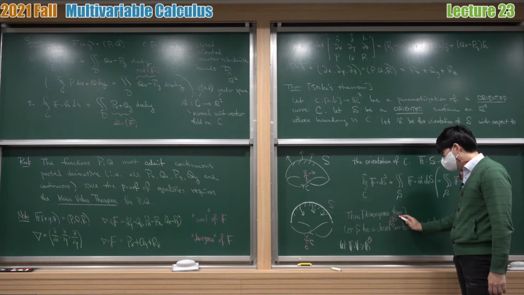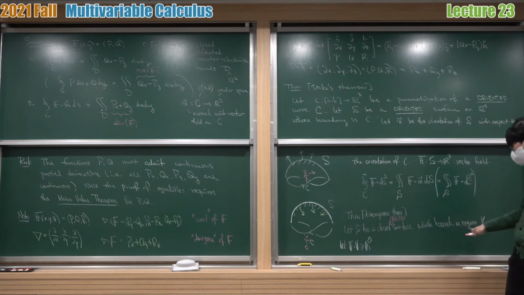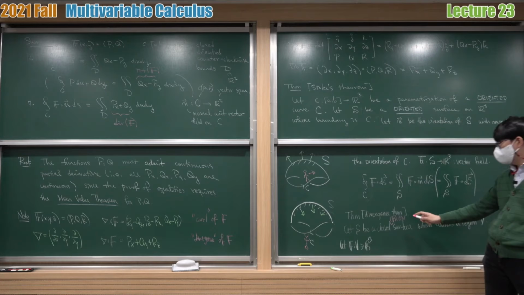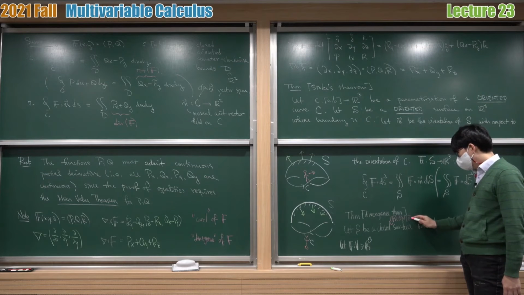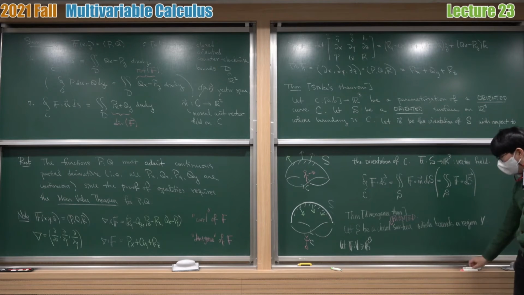If it's not oriented, then we cannot determine which region is bounded by S. Now S is oriented, so we can decide which orientation to choose to take the flux.